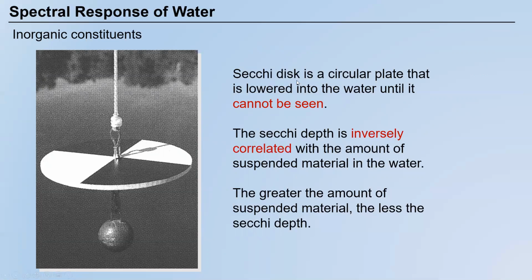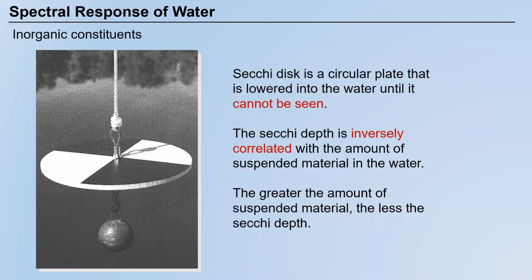And here is another very simple tool to address the concentration of inorganic constituents in water. It's called a Secchi disk. It's a circular plate that is lowered into the water until it cannot be seen. So you can see this is a disk attached to a rope. You hold the rope and put the disk into the water and let go of the rope, so the disk will just dive into the water.